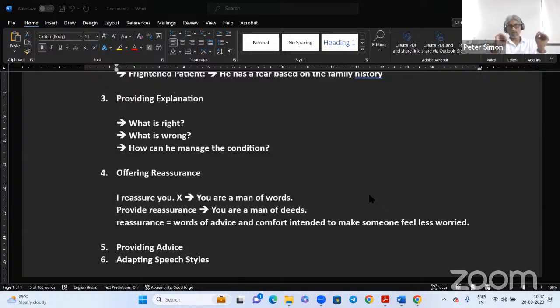From that time onwards, my aunt was 100% compliant, absolute compliance with medication. And never again in her life did she encounter any complications or difficulties. This is a real example I'm telling you. I have seen my aunt happy.